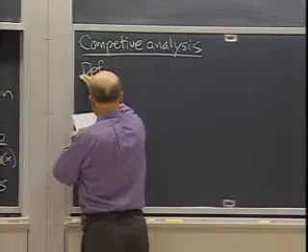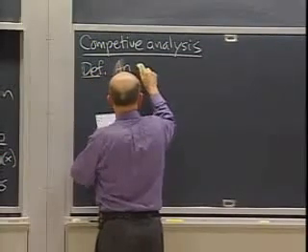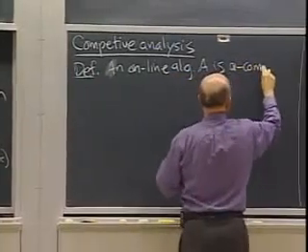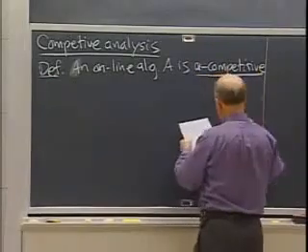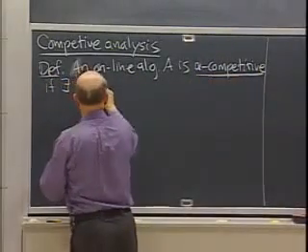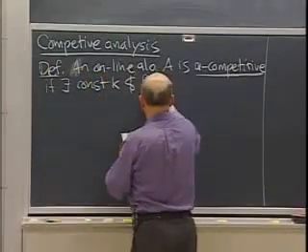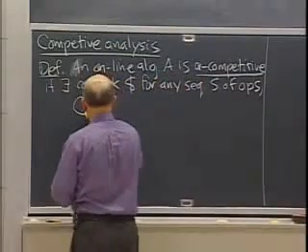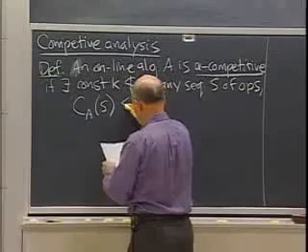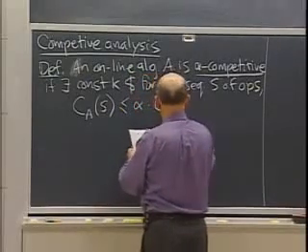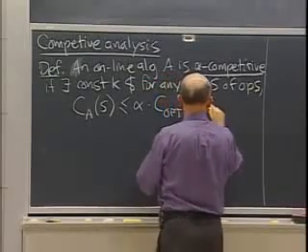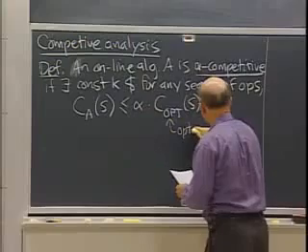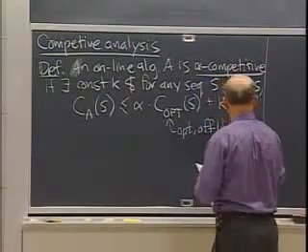Okay, so here's the definition. An online algorithm A is alpha competitive, okay, if there exists a constant k such that for any sequence S of operations, the cost of S using algorithm A is bounded by alpha times the cost of OPT, where OPT is the optimal offline algorithm.